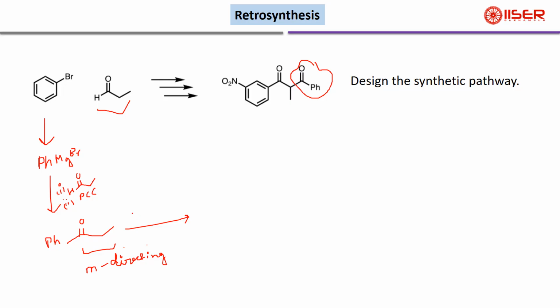So if you perform the nitration reaction by using HNO3 and H2SO4, then the incoming NO2 group will enter the meta position.